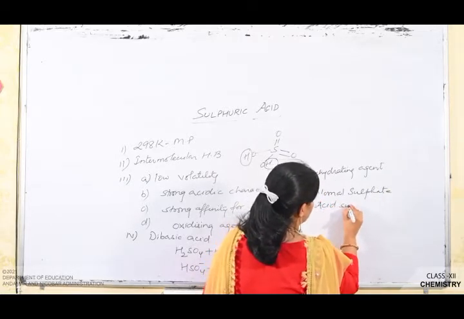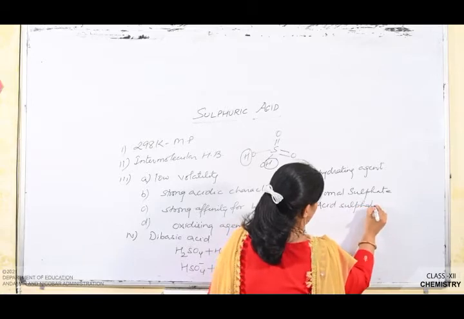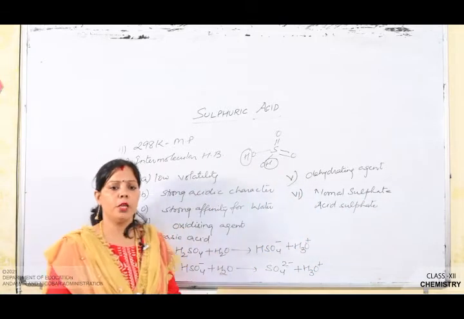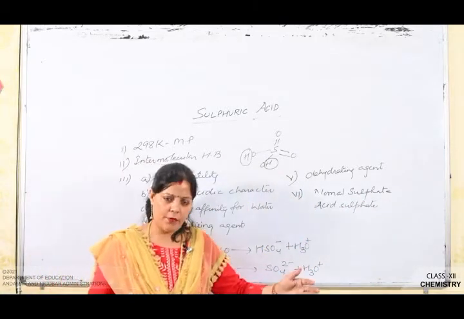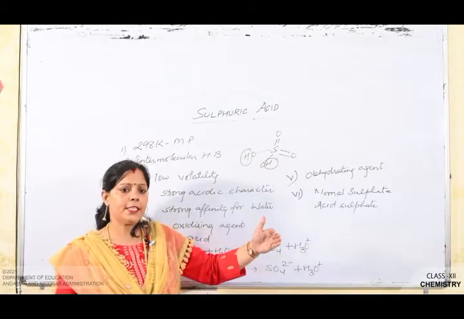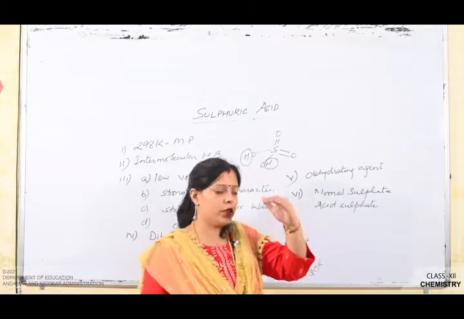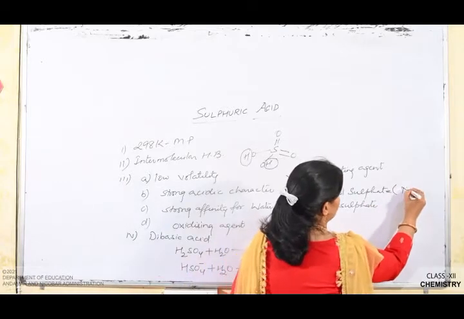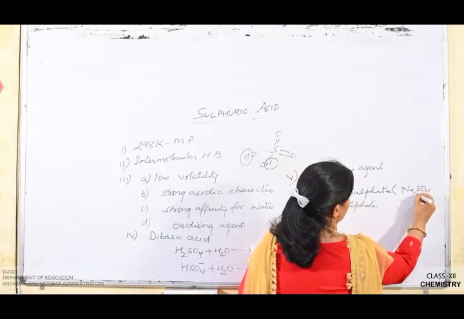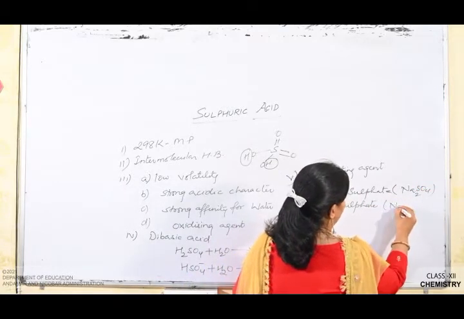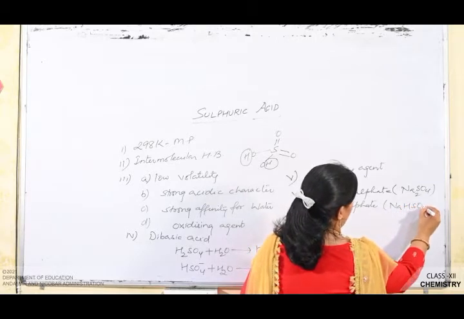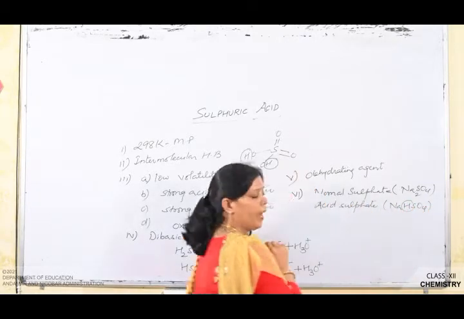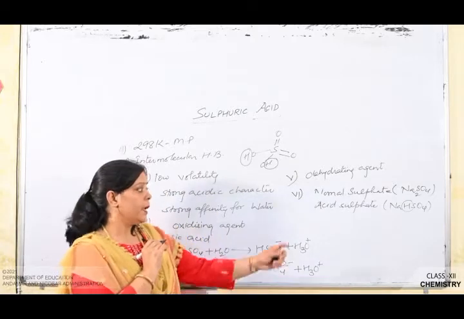Acid sulfate means hydrogen sulfate. For example, the normal sulfate is sodium sulfate, Na2SO4, and the acid sulfate is sodium hydrogen sulfate, NaHSO4, because it has the H+ ion, it liberates the H+ ion.